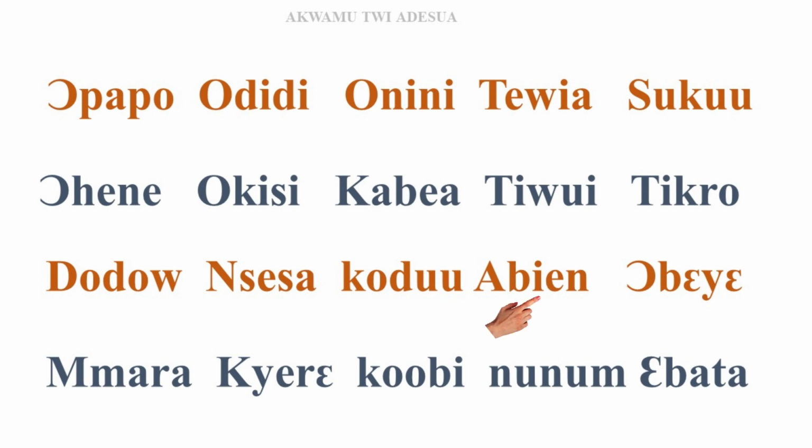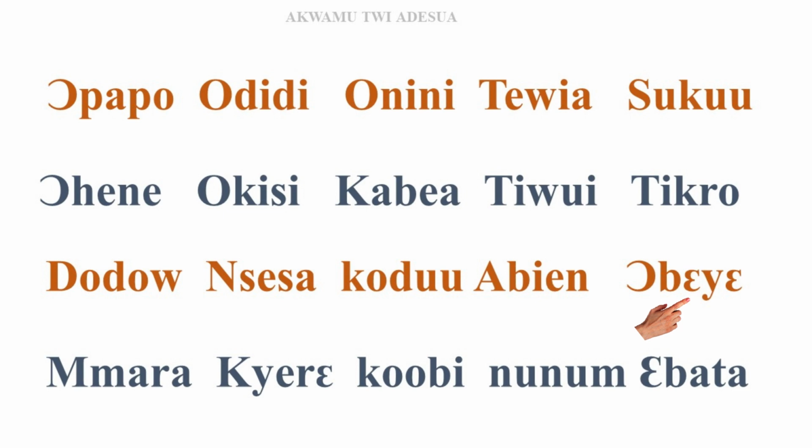Ebien, which is A, B, I, E, N, ebien. Then we also have obeye. We have o, b, e, y, e.